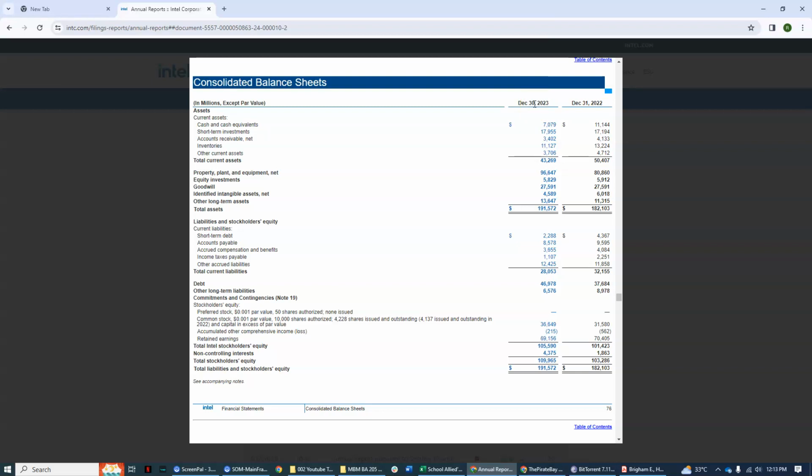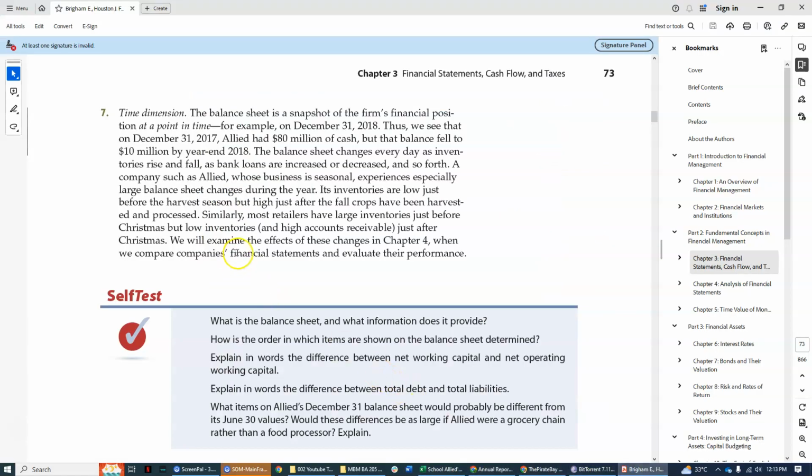It's talking as of December 30. It means if we're going to confirm their balances as of December 31, it should be around, or exactly, 7 billion, like that. Okay, that's how it is. In every balance sheet, there must be a time dimension, because the balance sheet is a snapshot of the firm's financial position at a point in time. Again, a point in time snapshot.